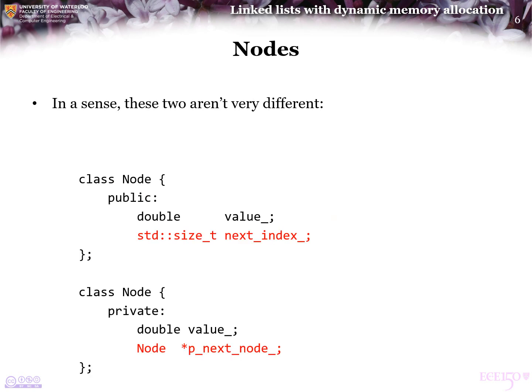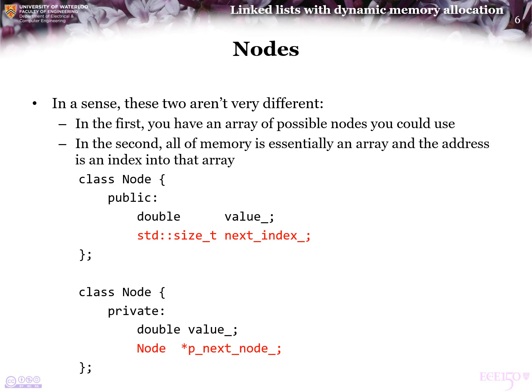Now, in a sense, these two classes aren't that different. In the first, we had an array of possible nodes, and we stored the index of the next one. Well, in the second, you can just think of memory as essentially a very large array, and the address is simply an index into that array.